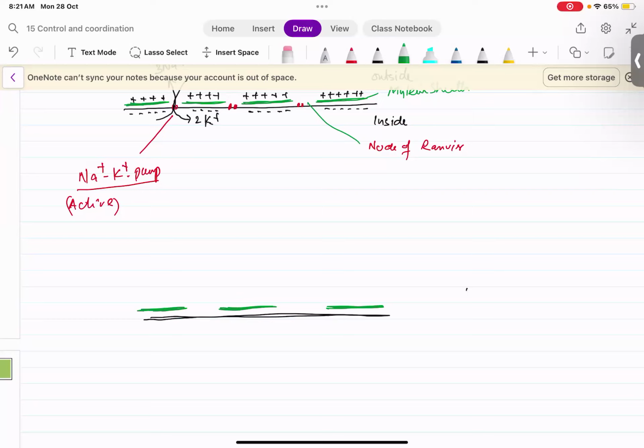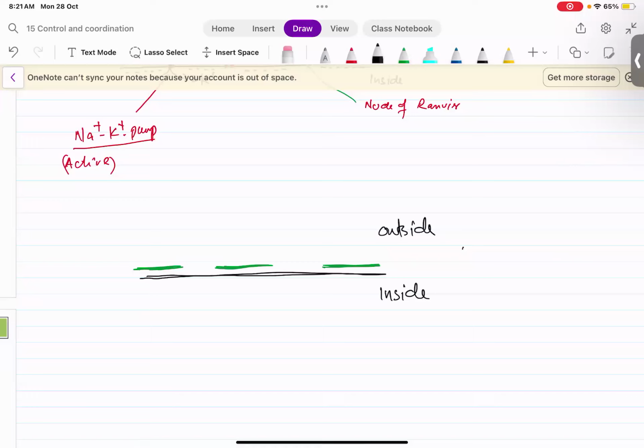This is the inside, and this is the outside of a nerve cell. Initially it has positive charge on the outside and negative charge on the inside.